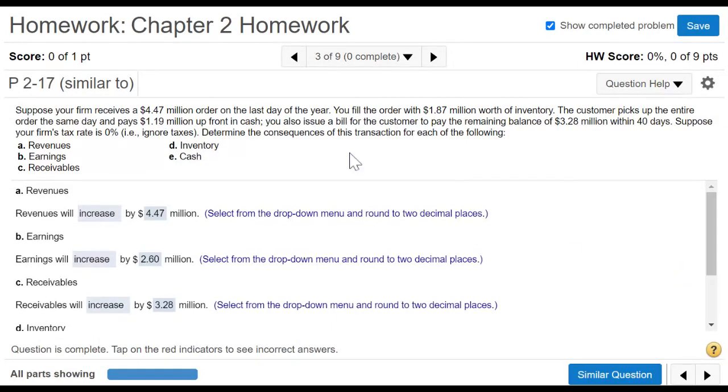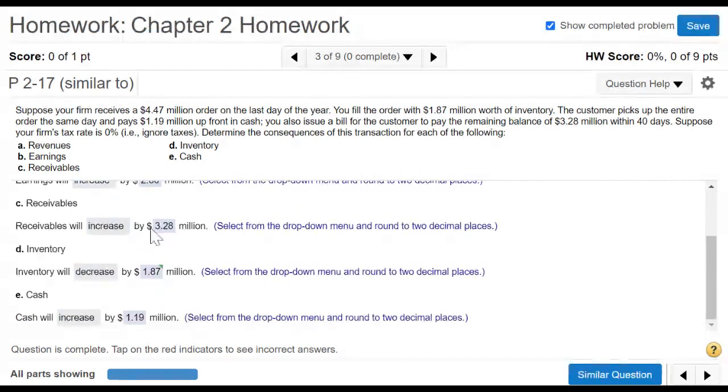All you have to do is subtract 1.87 from 4.47. That's what our earnings increase by. Our receivable, which is that they plan to pay the remaining balance of 3.28 in 40 days, is 3.28.